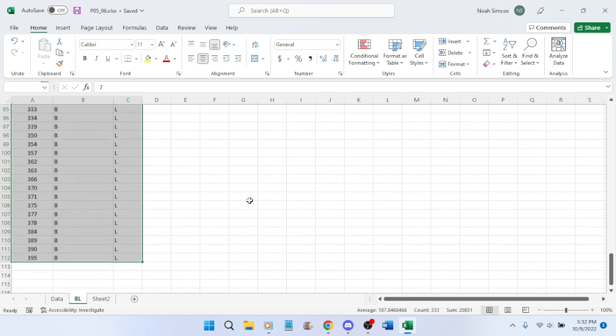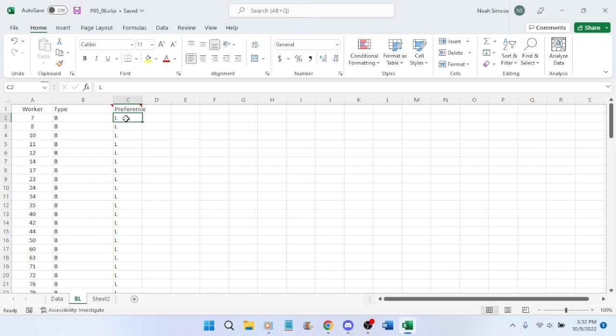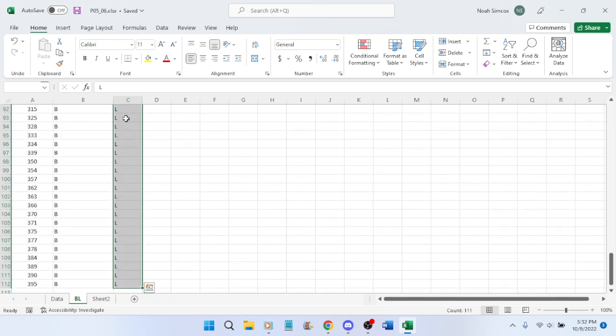Hey, it was 336 and now it's 333. That must be the number of cells. Oh, okay. Well, this is extremely inefficient, but we're going to count how many of these there are. And it says there's 111 down there.